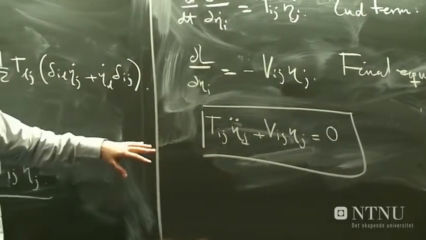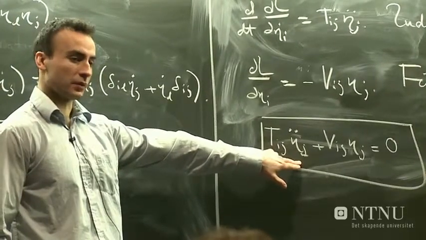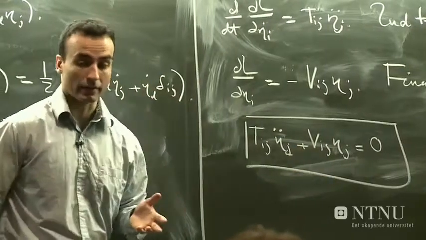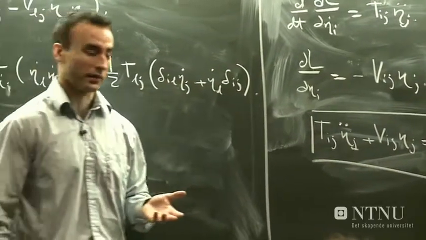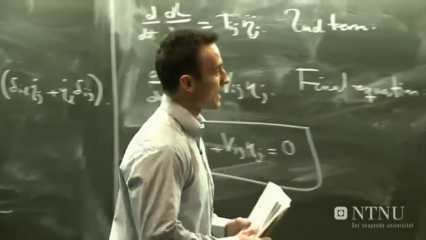So we have, if you will, the mass term here, the second derivative of the position coordinate, plus this Vij, which here appears to play the role of the spring constant, multiplied with this perturbation, eta. So that's one thing.